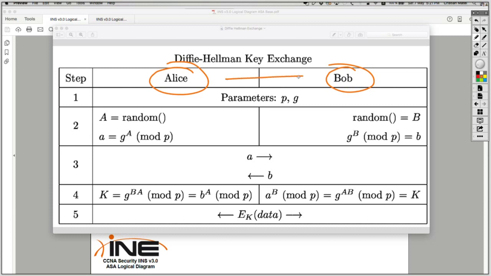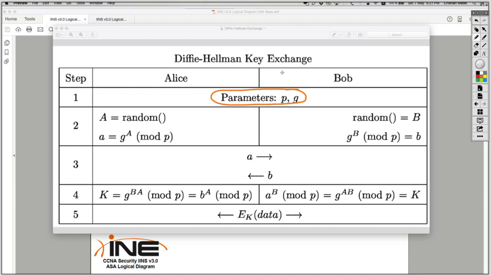And both of those VPN gateways, through the Diffie-Hellman exchange, need to end up with the same common secure key. So what happens: Alice and Bob both know those two common parameters, the P and G values. These are mathematical values, a prime number and a generator.